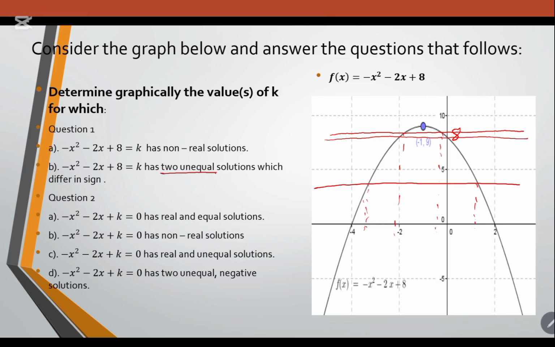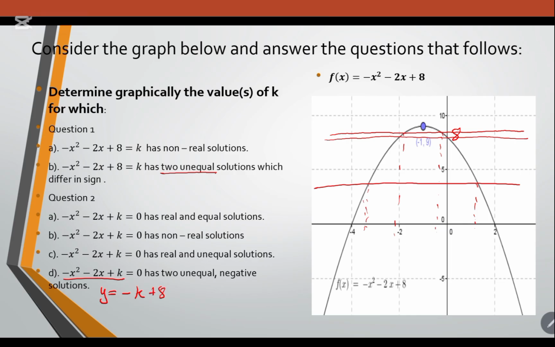Now, that means if the value of our line is a number bigger than 8 but smaller than 9, therefore this will have two solutions that are both negative. Now, from our equation, since it is the same as the previous ones, we know that our constant line is the line y equals negative k plus 8.